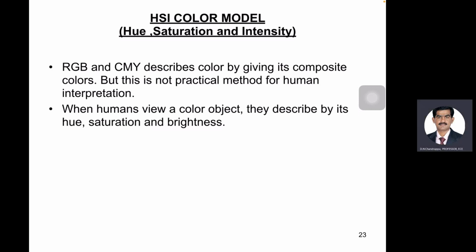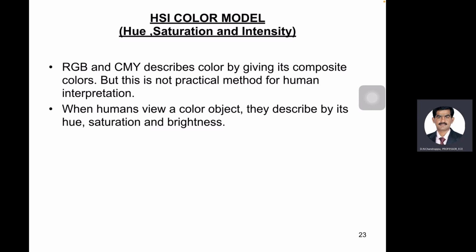To find the intensity component of any color point, pass a plane perpendicular to the intensity axis containing the color point. The saturation of a color increases as we move away from the intensity axis.